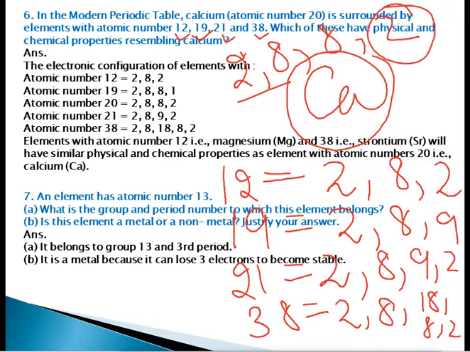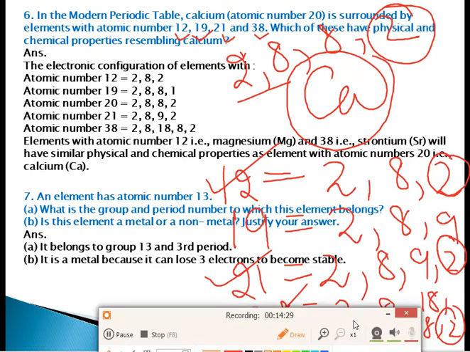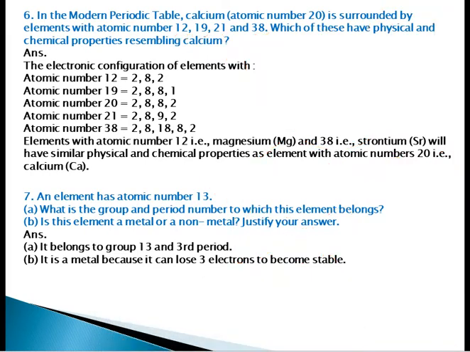So which elements have 2 electrons in the outermost shell? Atomic number 12, atomic number 21, and atomic number 38 all have 2 electrons in the outermost shell. So these elements will be similar to calcium, because all of them have the same 2 electrons in the outermost shell.